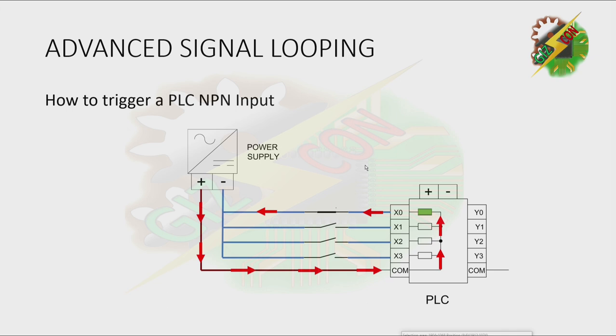The second switch is now closed, and it will allow the current to flow to X1. The third switch is closed, and that will allow the current to flow at X2. The fourth switch is closed, and that will allow the current to flow at X3. Okay, that's how it works.